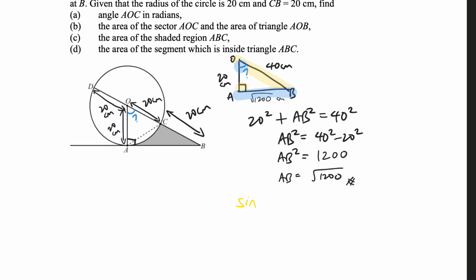Sine of that angle, the 90 degrees, over 40 is equal to the sine of whatever angle that is, which is actually AOC, the angle we're looking for, over this length, the square root of 1,200.